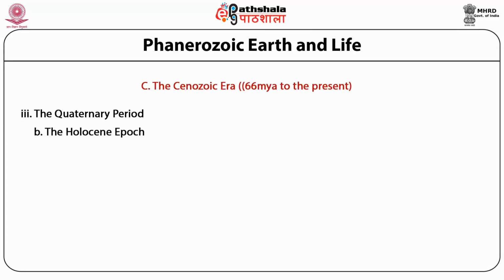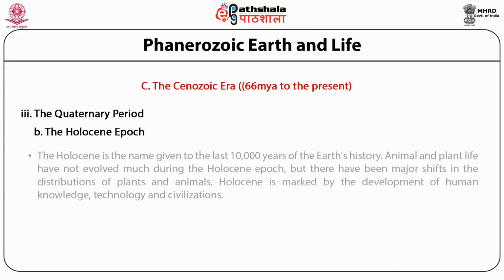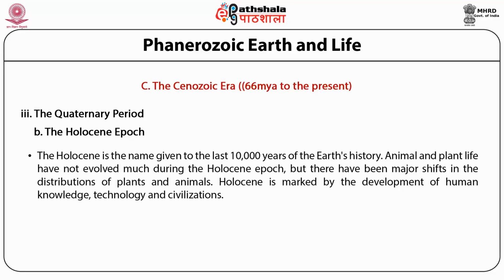Next is the Holocene epoch. The Holocene epoch is the name given to the last 10,000 years of the Earth's history, which started since the end of the last major glacial epoch, the Pleistocene epoch. Holocene climate has been fairly stable with a relatively warm period.